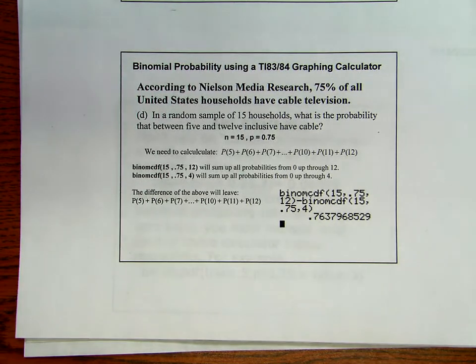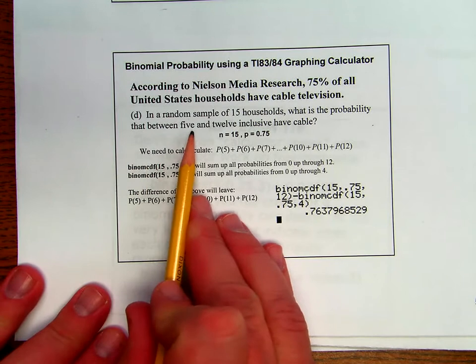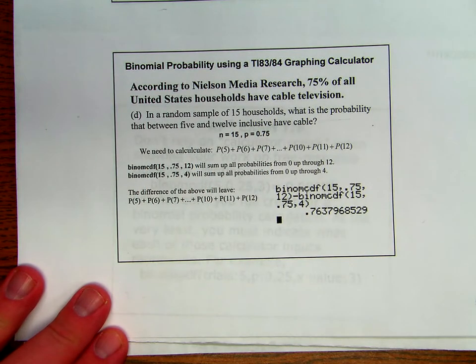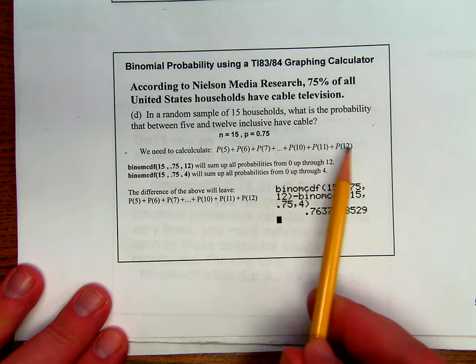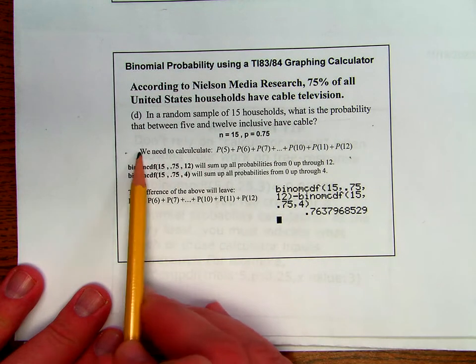All right, next possibility that involves using the binomial CDF function. What is the probability that between 5 and 12 inclusive have cable? What we're going to have to do here is subtract 2 binomial CDFs. The first one sums everything from 0 to 12, and then the second one takes away the 0 to 4.